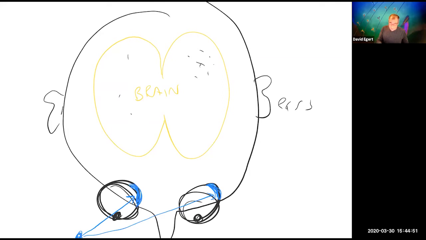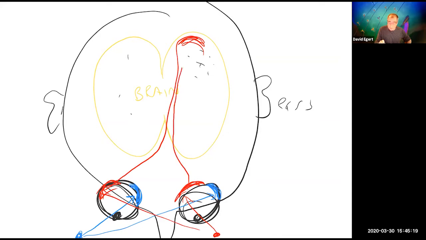Things that are on the other side of your body are going to be going to the other side of your retina. And what happens is each eye sends information about the side of your visual field to the opposite side of the brain. So like this is going to go here, is going to go up into its opposite side. It's still opposite side, but it's opposite side of your visual field.